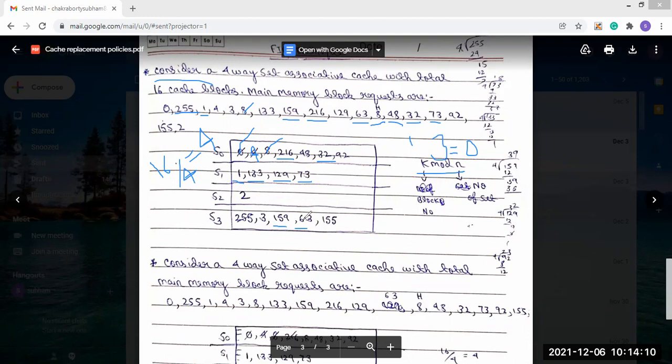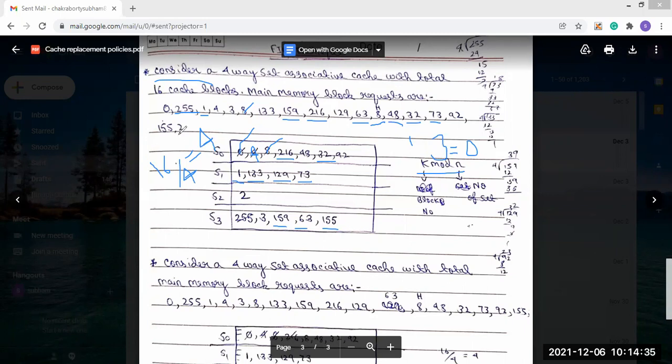So we cannot accommodate it. And if we have to accommodate this 155 in set 3, 1 block should be replaced. Now among 255, 3, 159, 63, which block came first? 255 came first. So we have to replace that 255 to accommodate this 155. So we'll replace this 255 and accommodate 155.